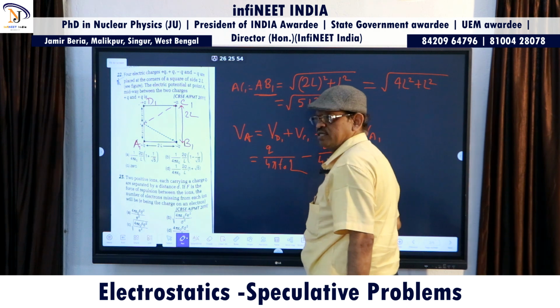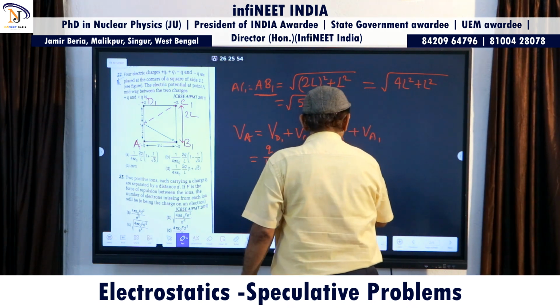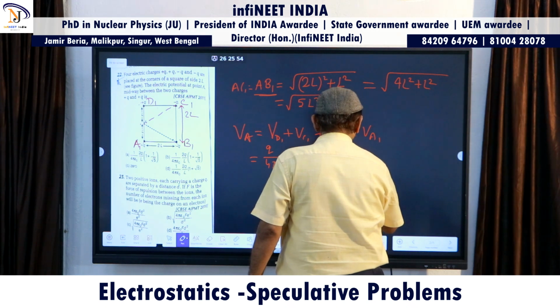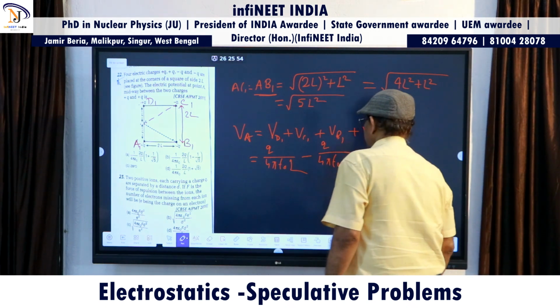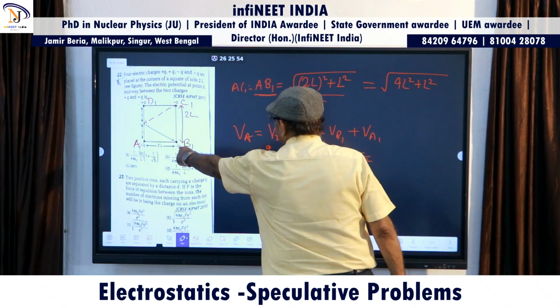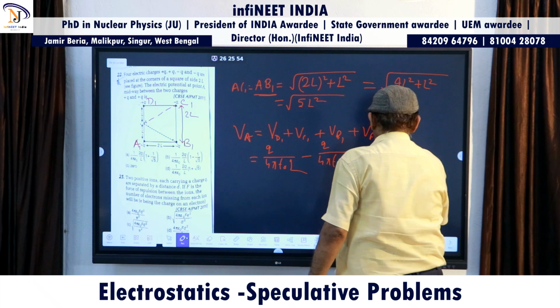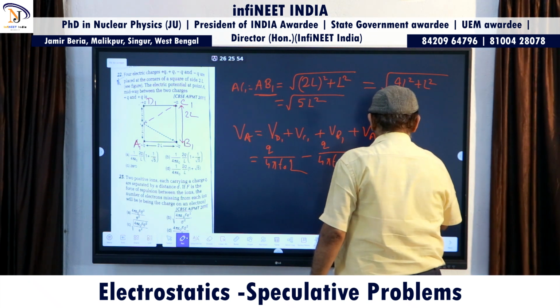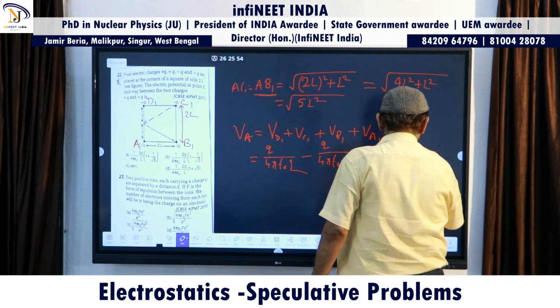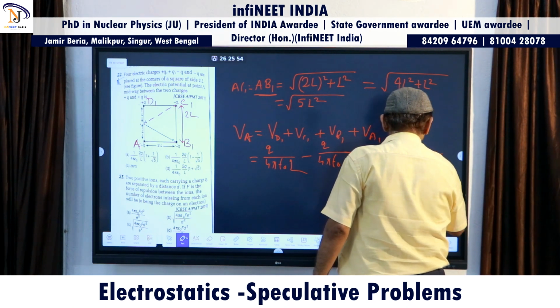What is the length? Root over 5 L square. Okay. What is the potential at V1? V1 is this. Then again it is same. Q by 4 pi epsilon naught root under 5 L square.